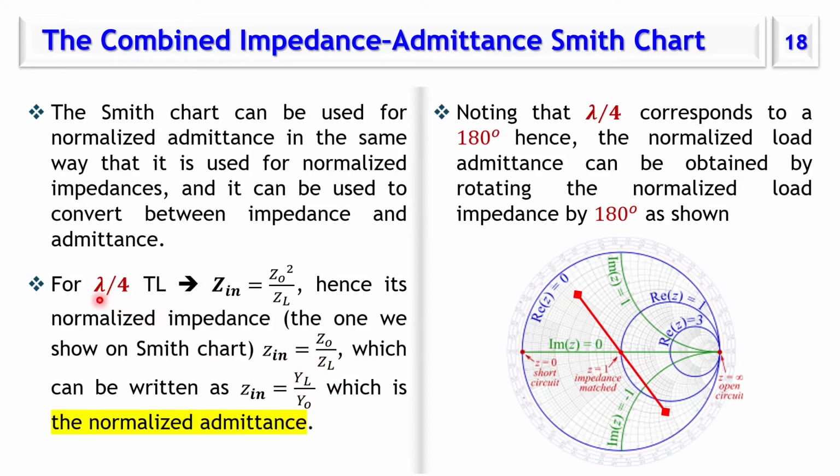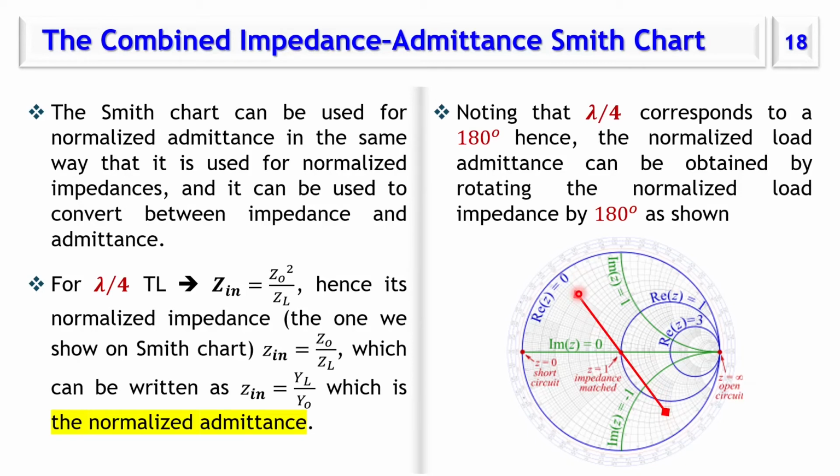So if we move lambda by 4 away from the load, what we are expressing is actually the normalized admittance, and lambda by 4 corresponds to 180 degrees. So if we have any point here, if this is ZL, of course normalized ZL, and we move 180 degrees, which is on the circle of constant reflection coefficient, we just go across the diameter.